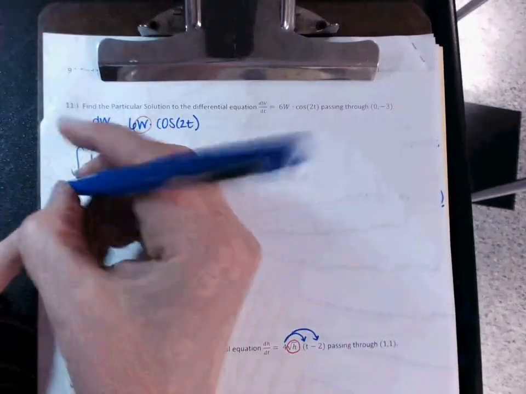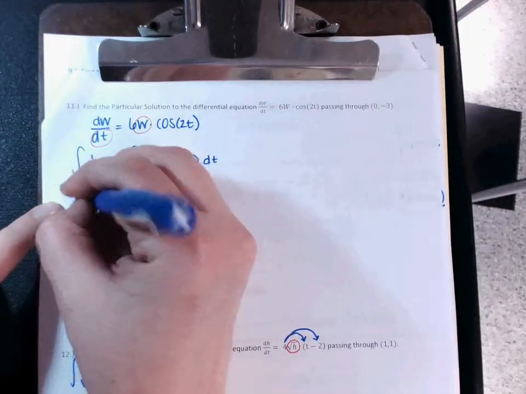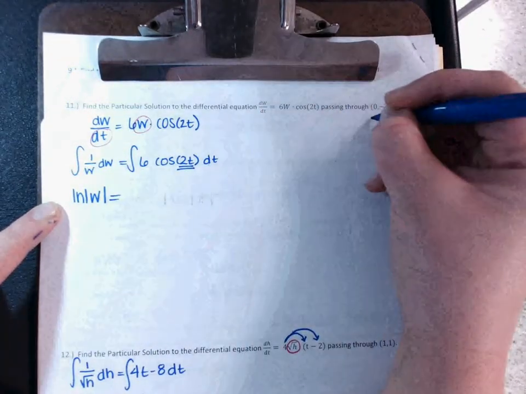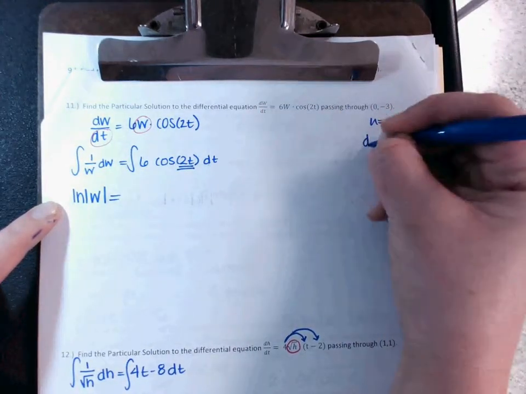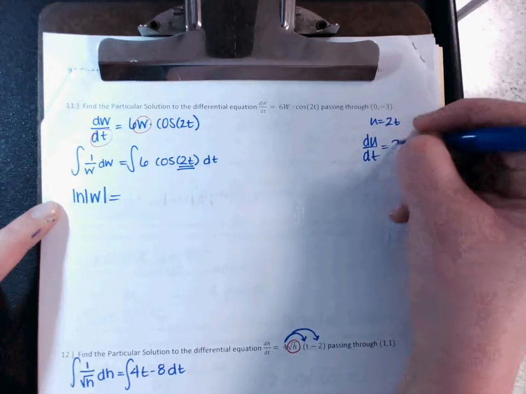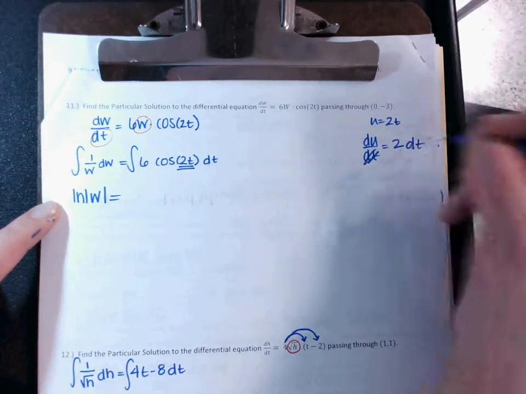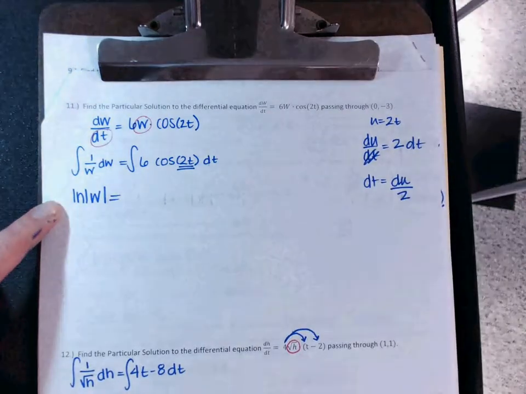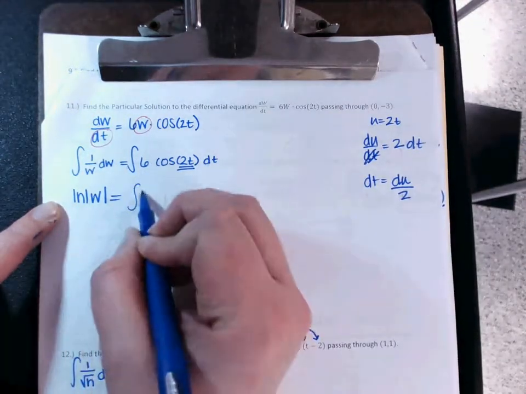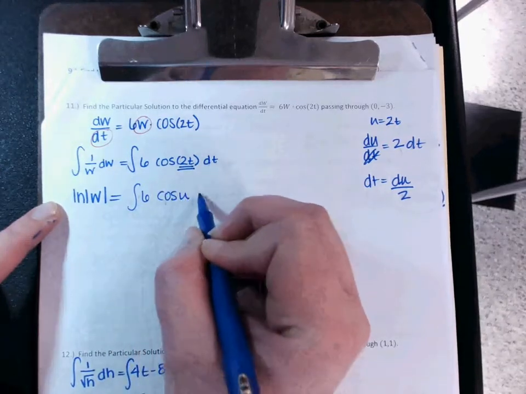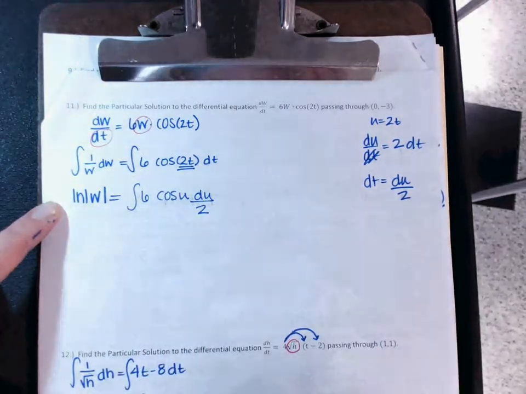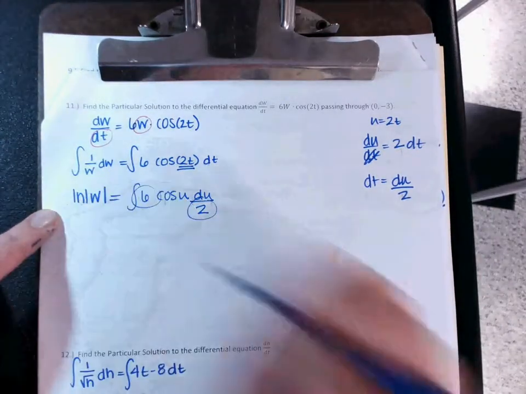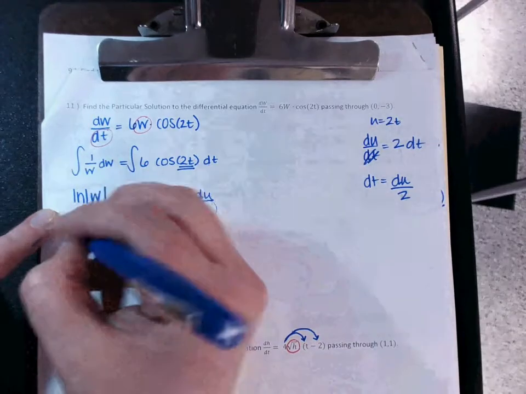So you'd have ln w here, and then your u is 2t, so your du dt is 2, multiply the dt up, dt is du over 2. So then over here it'd be 6 cosine u du over 2. And then these come out as a 3.